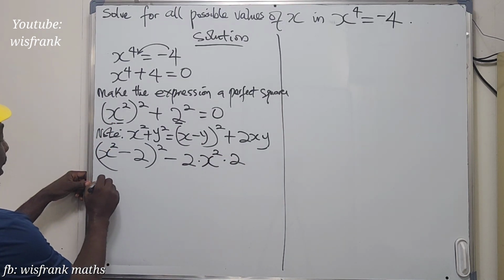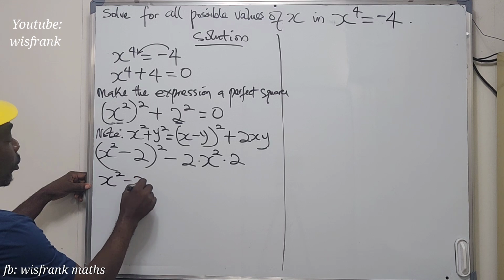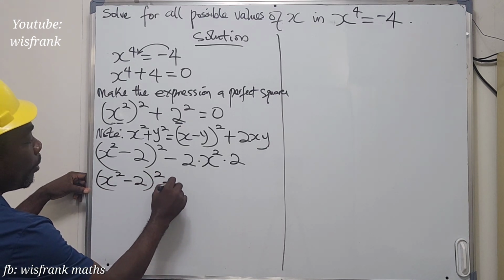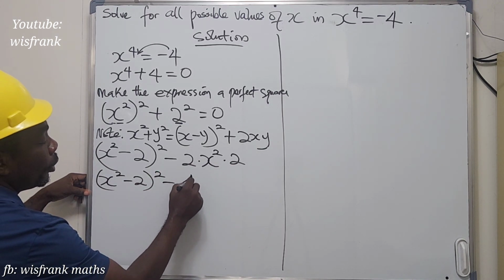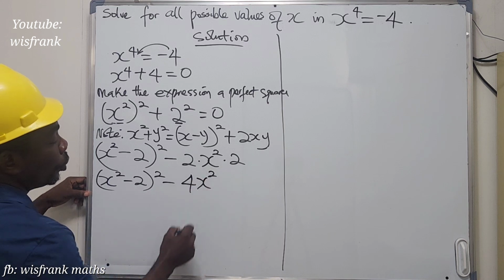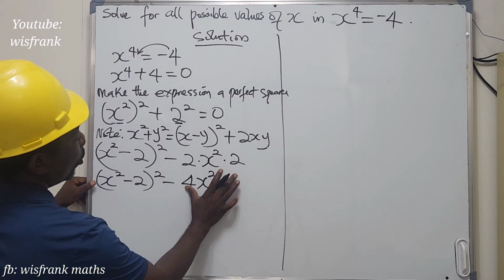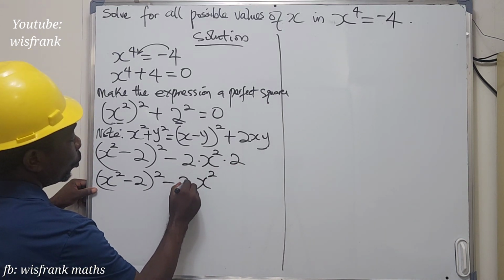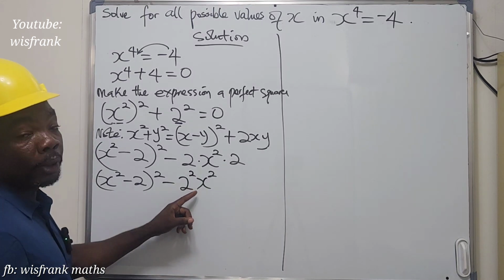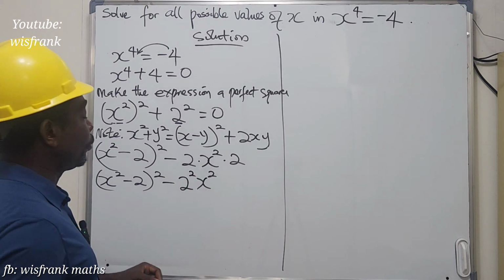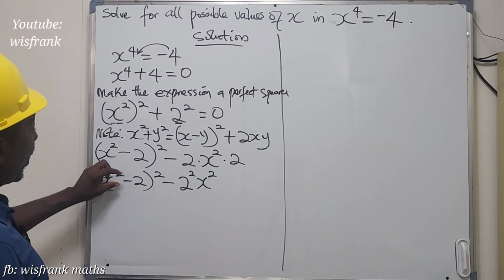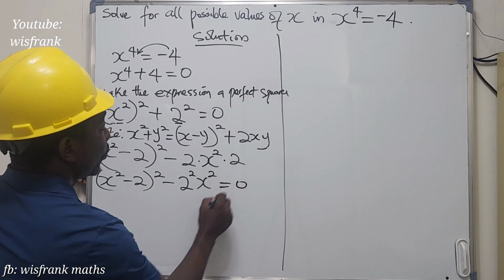So this is the same thing as x to the power of 2 minus 2 all to the power of 2, minus 2 times 2 is 4, all to the power of 2. Or we can write it this way, 2 to the power of 2 times x to the power of 2. This is equal to 0.